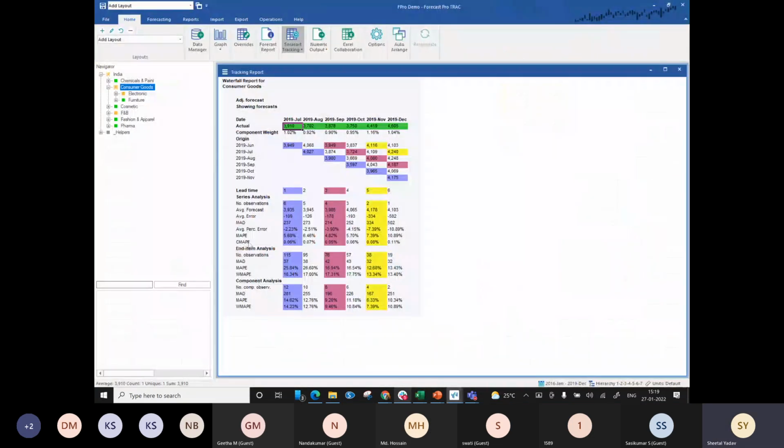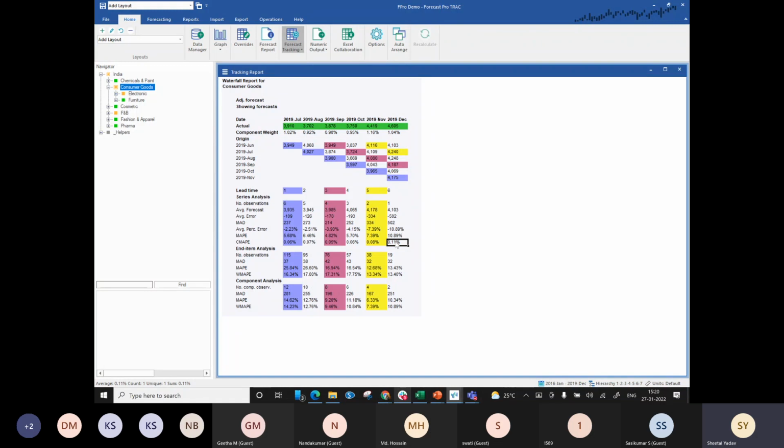Now, the next option that we have over here is the CMAPE, which is my component MAPE. Now, how is the component MAPE getting calculated? The system is calculating, and I'll take this example because this has only one observation, so it's easier to understand.